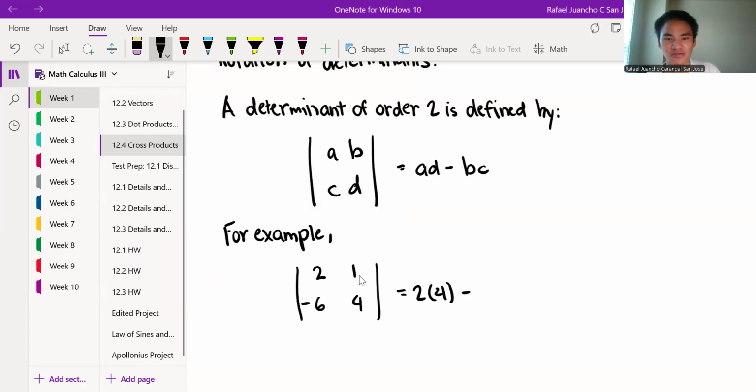We're going to subtract the 1 times -6, and we get 8 plus 6, we get 14. Now I know it's order 2. I'm kidding, I actually don't know why. I think it's just because the number of rows and the number of columns are 2.